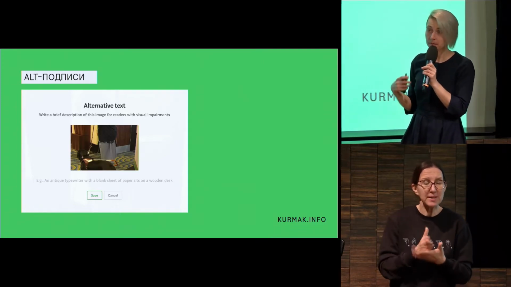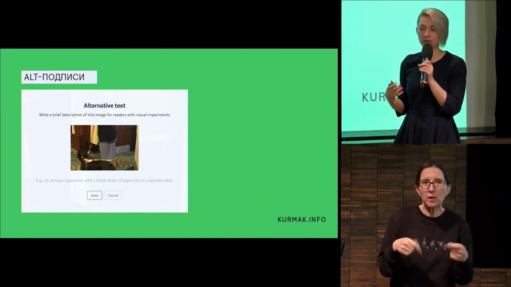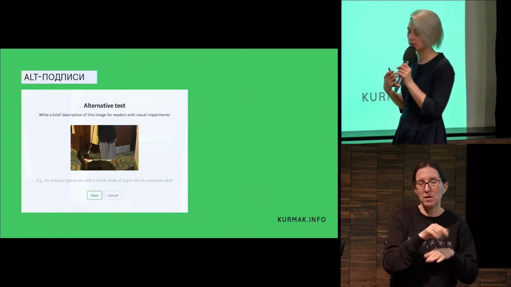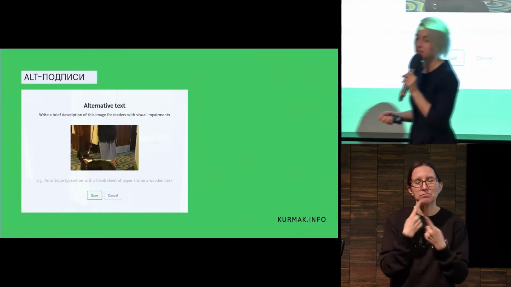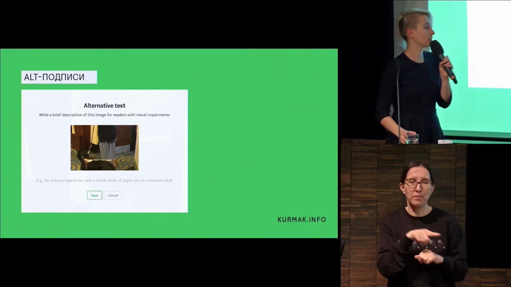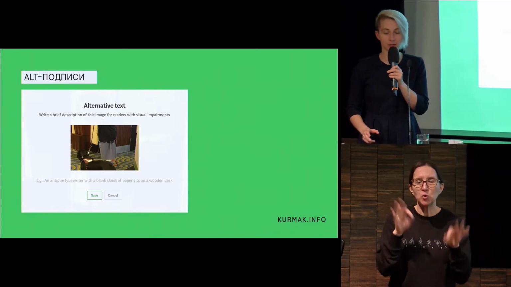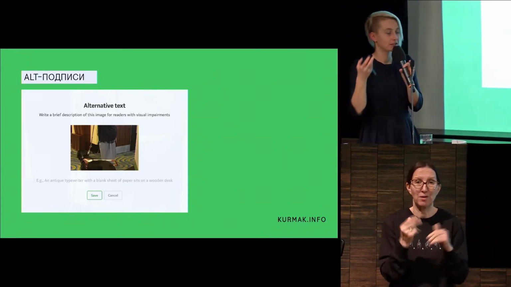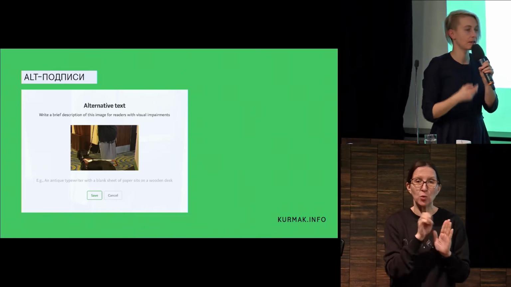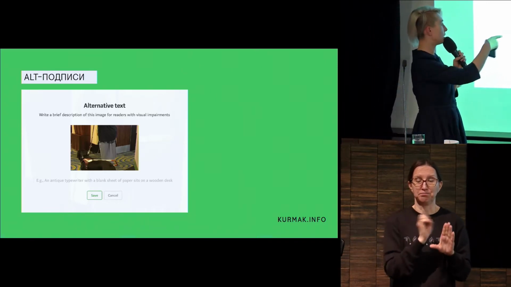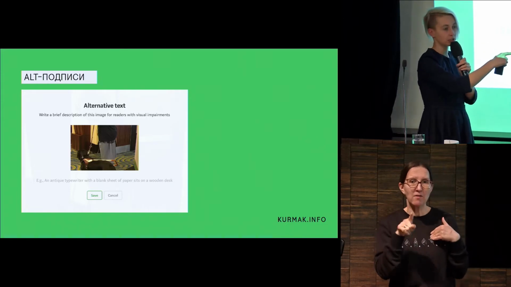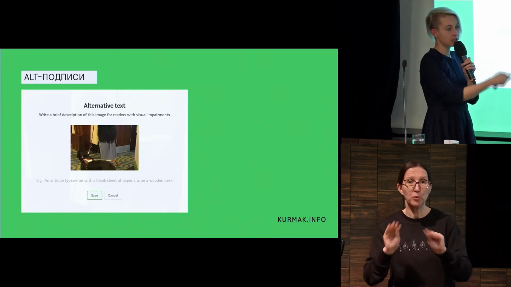I have already spoken about alternative texts. What matters here is that there are platforms and services that are crowdsourced. Medium, for example. Medium cannot make all pictures accessible, because the pictures are uploaded by users. And when you upload a picture, they make a suggestion.